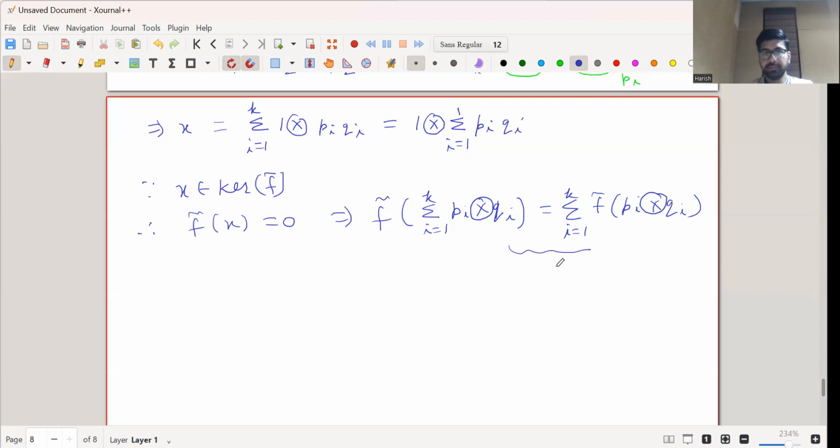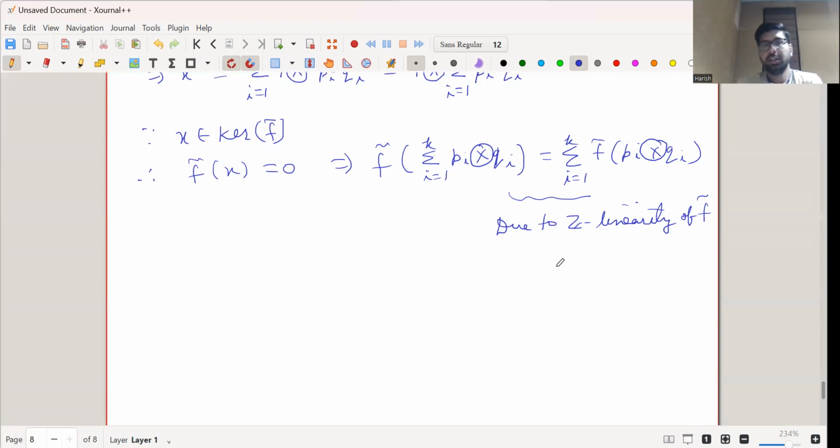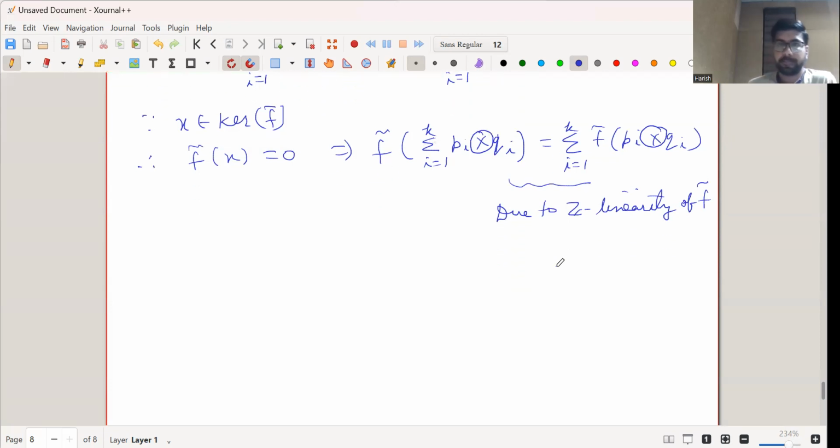This is due to the linearity of f delta. Now what is f delta of p_i tensor q_i? Okay, so f delta of x is equal to 0. That means that thing is equal to 0, right?